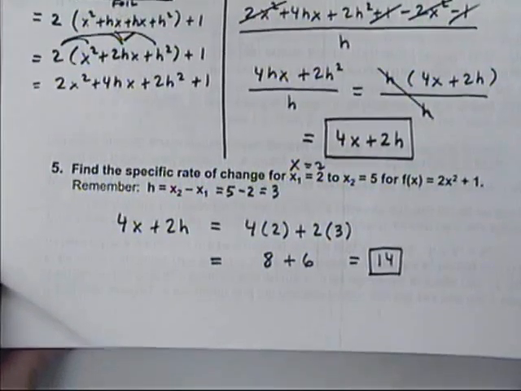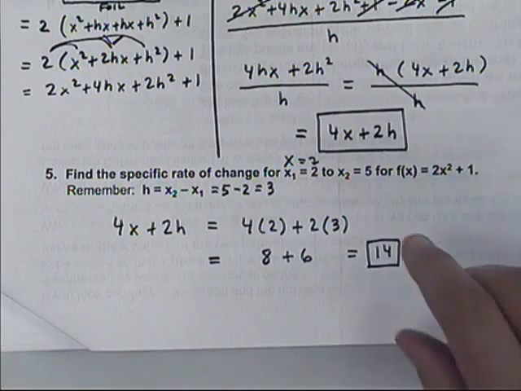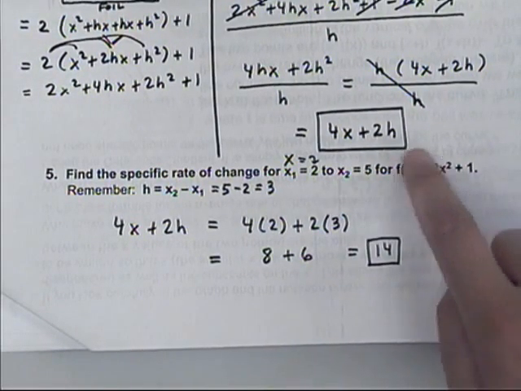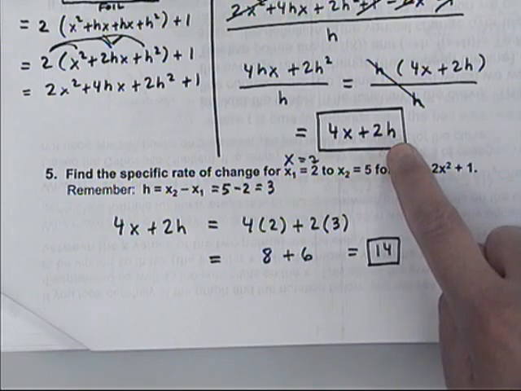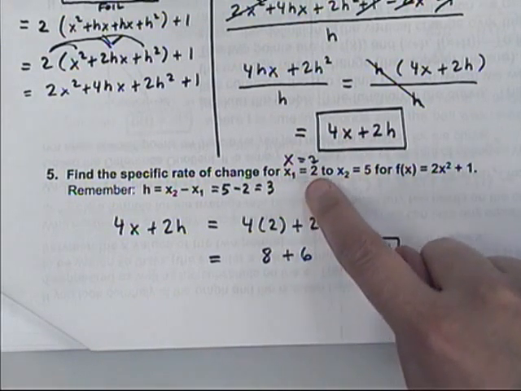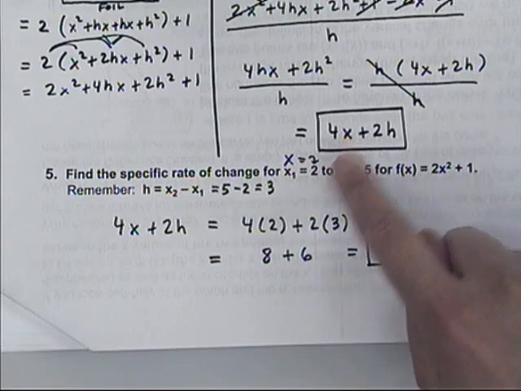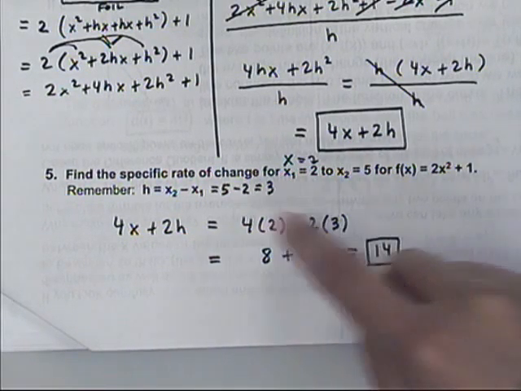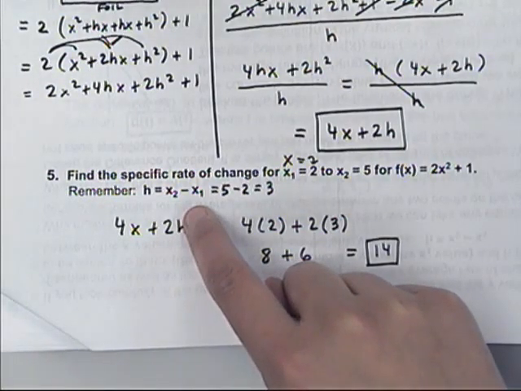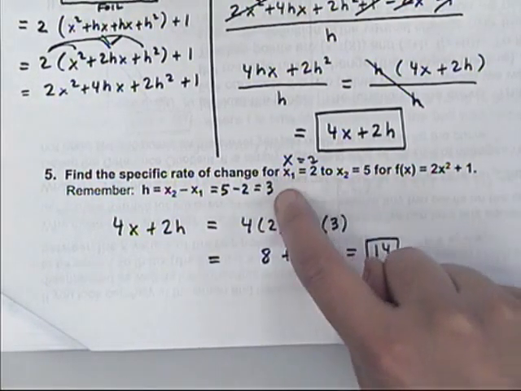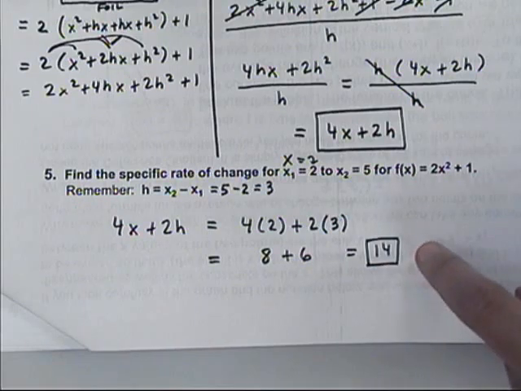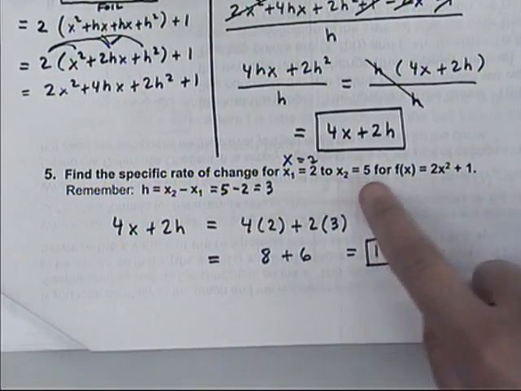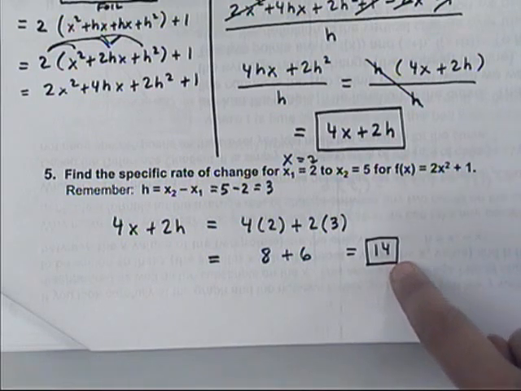So if I want to find the slope between an x value of 2 and an x value of 5 on that function, I need only use this formula. x is always going to be x sub 1, so that's 2, so 4 times 2, plus h, which is just the difference between the two x's, x sub 2 minus x sub 1, so that would be 5 minus 2, which is 3. Solve, and the slope between the points 2 and 5 on that parabola is 14.